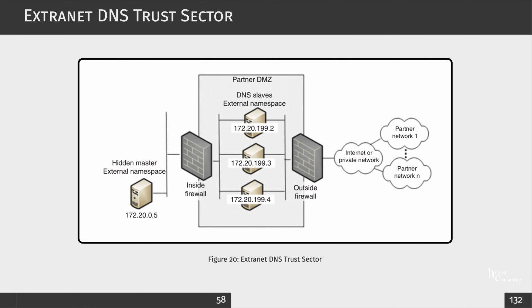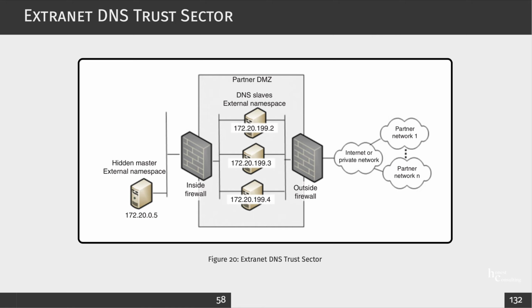Another section in your DNS infrastructure is the extranet. This is the DNS that your partners are using. Quite huge companies belong to some groups, for example, some business groups, and so they are sharing parts of their business.